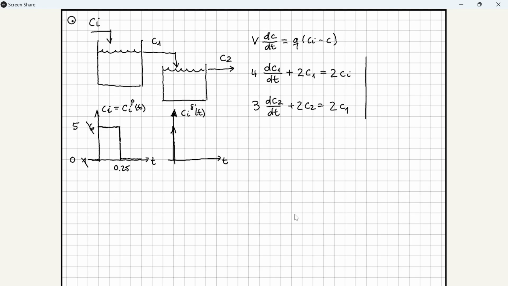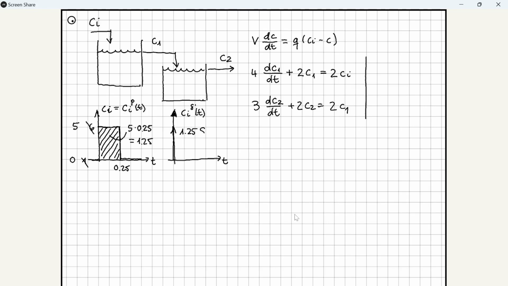So now the integral shouldn't be 1, but it should be equal to the area under this curve. And the area under this curve is 5 times 0.25. So this means that we should have a delta pulse multiplied with 1.25, because 5 times 0.25 equals 1.25.